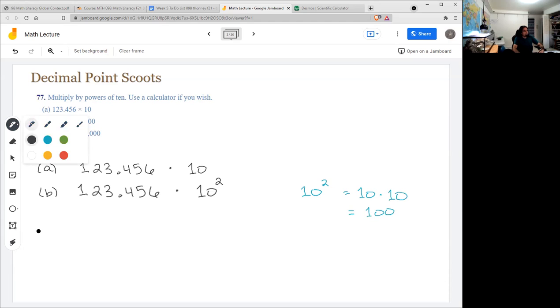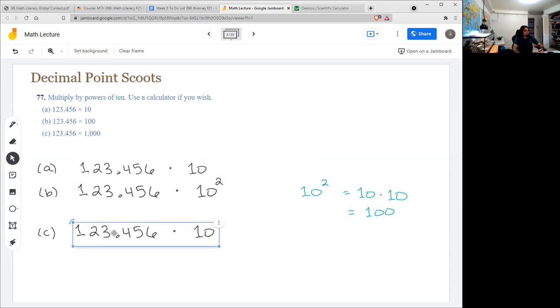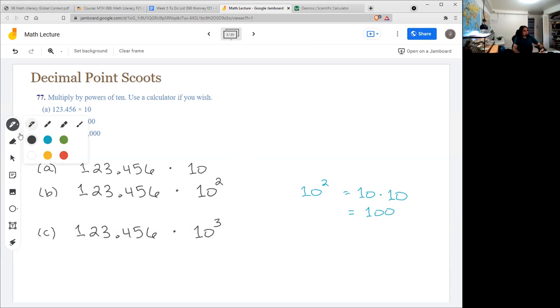And C is that thing times 10 cubed, because 10 cubed is 10 times 10 times another 10, which is 1,000.